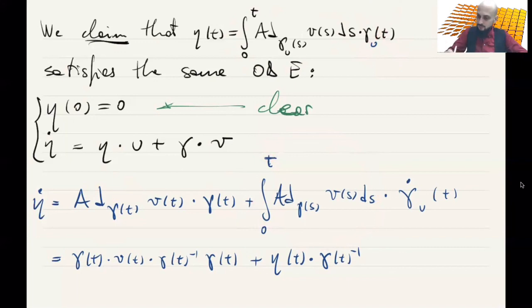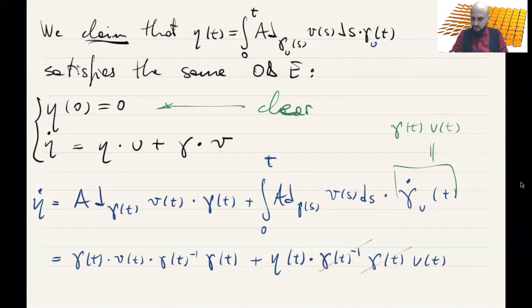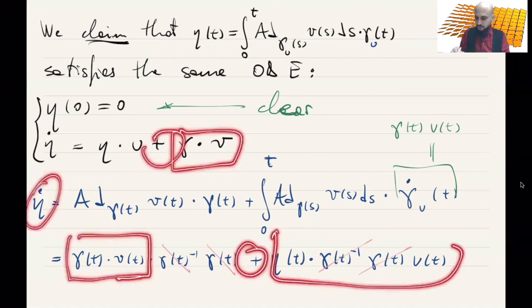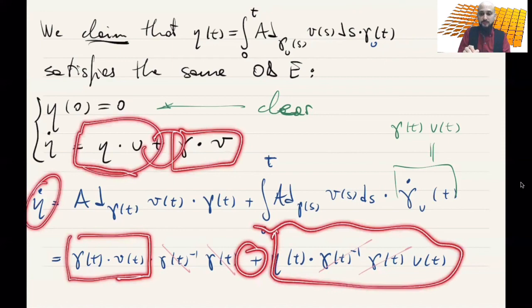What is gamma dot? Gamma dot is the right translation of the control. So now I have gamma(t) u(t). Now you see that we can simplify, and what I have is that eta dot satisfies the ODE system.